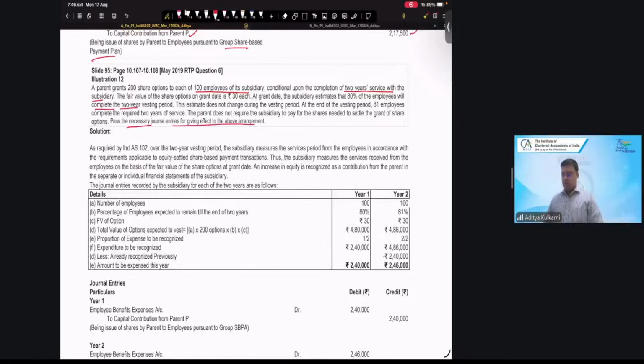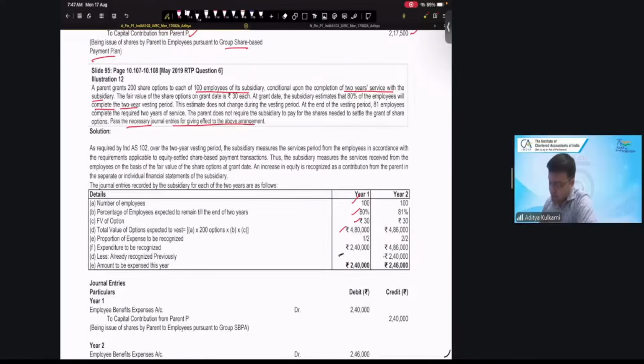Okay. So now, 100 employees, each employee 200 options, 80%. So that gives you 200 into 100 into 80%, 4 lakh 80,000. Multiplied by 30, 1 by 2, so 2 lakh 40 is what will be recognized.